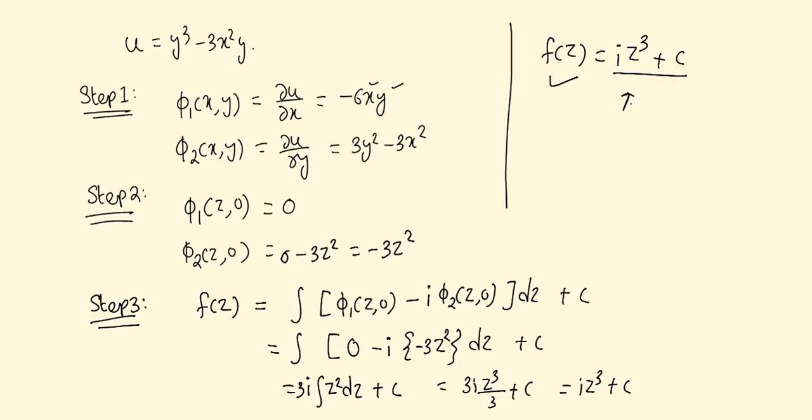Next we will discuss case 2. In case 2 type of problem, v is given and we have to find the analytic function f of z in terms of z. So case 2, when v is given.